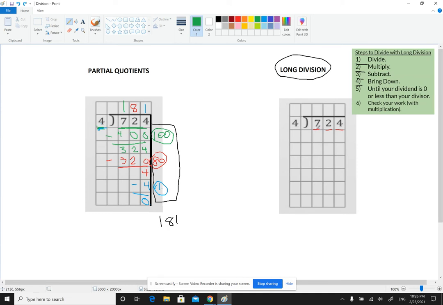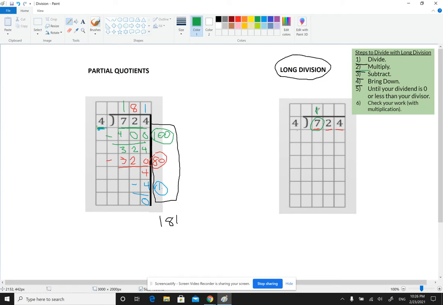So how many groups of 4 can I make if I have 7 units? Well, that's easy. If I have 7 apples, I can make one group of 4 and then I'll have 3 left. So I will definitely have one group of 4, right? And then I've divided 7 into groups of 4 and that gave me 1. And now I'm going to multiply. My next step is multiply.